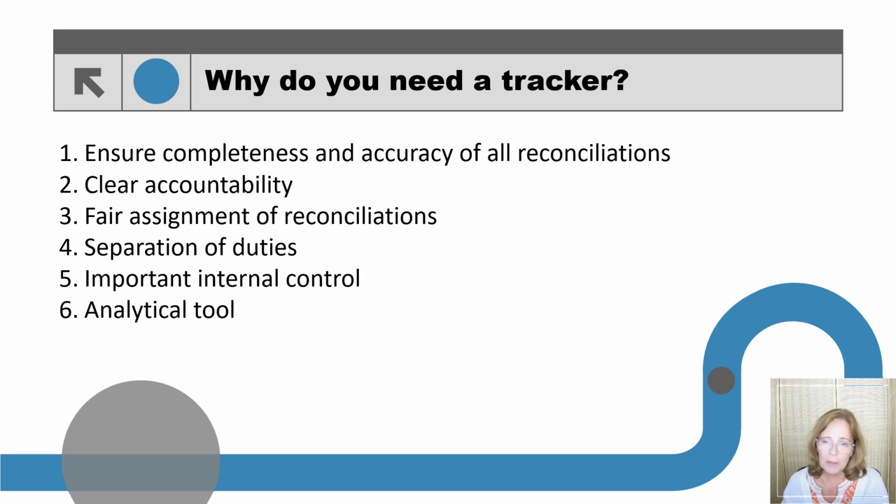I already mentioned that the tracker is an important internal control, but did not talk about the why. The reason is that it helps us ensure that the financial statements are only issued when we have prepared the most important balance sheet reconciliations.